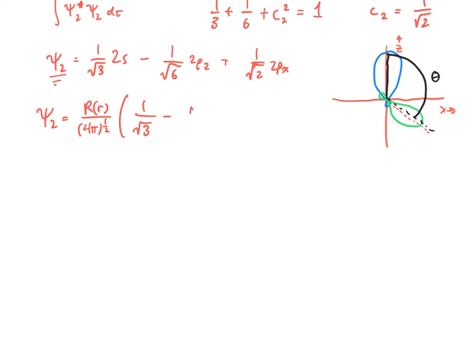And then this one is going to be the square root of 3 over the square root of 6 cosine theta, according to our definitions of the s and p orbitals. Square root of 3 over square root of 2 sine theta. And the cosine phi just goes away because we're assuming that phi equals 0 because we're stuck on the xz plane. So phi just equals 0.